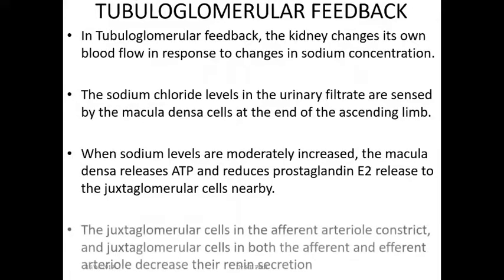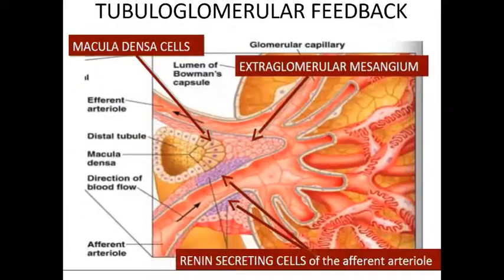Let me explain from the diagram for everyone to understand. So this is a tubuloglomerular mechanism, which involves feedback mechanisms. Now, I told you that in the juxtaglomerular apparatus, you have the contribution from the distal tubule. So you can see the distal tubule here. You have these epithelium cells and then modified epithelium cells.